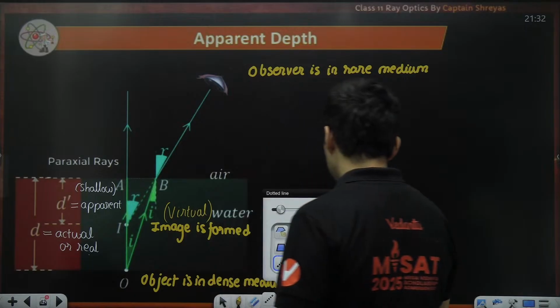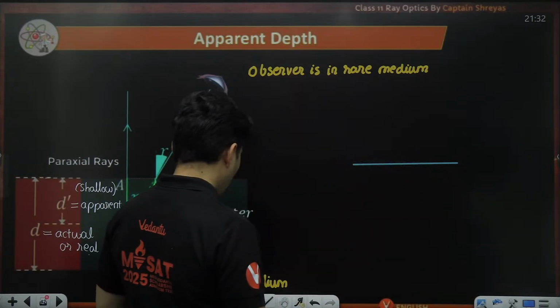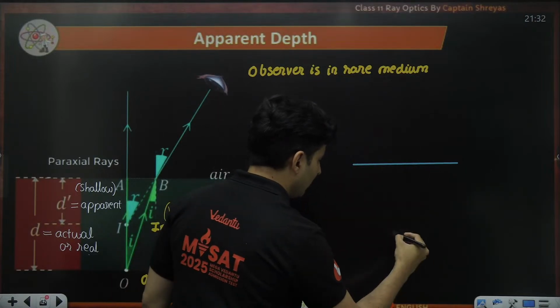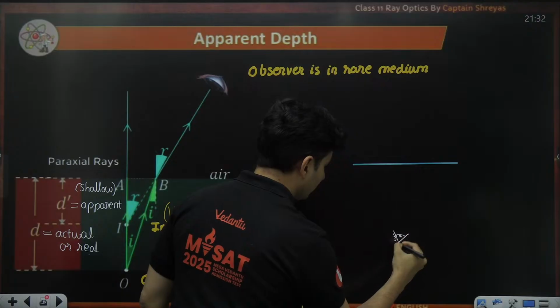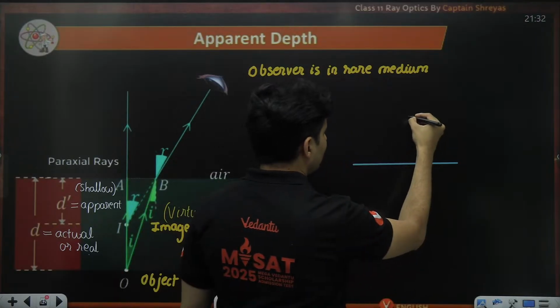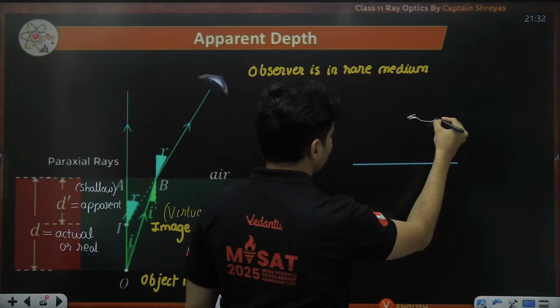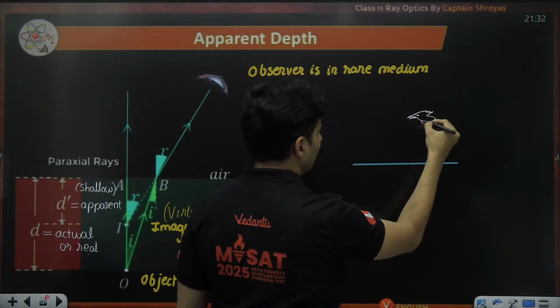Imagine this is the surface and the observer happens to be in the denser medium. The observer is seeing something which is flying in air, maybe a bird. Yeah, very nice bird, cool looking bird.